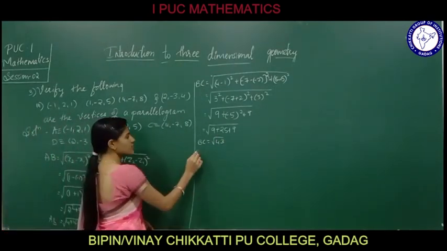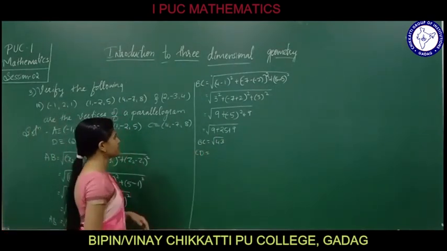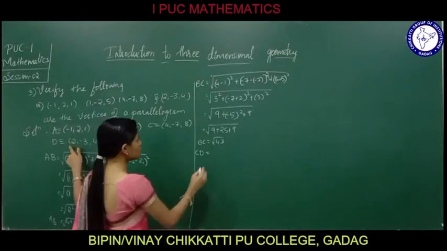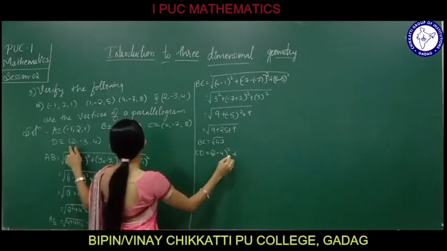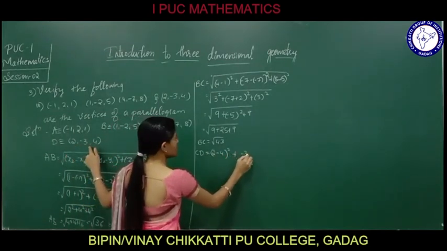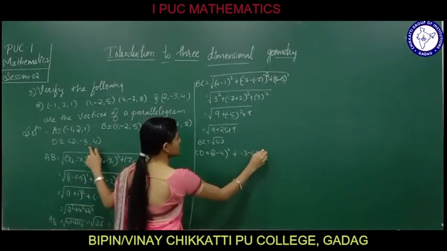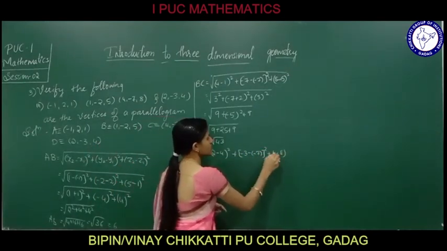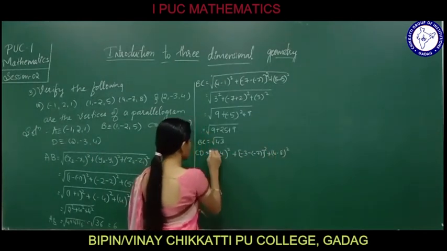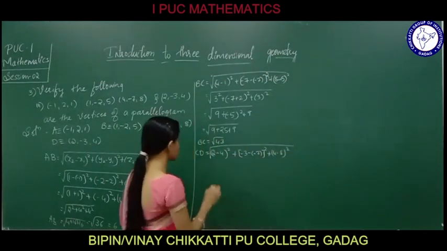Now let us find the distance of CD. I have here 2 minus 4 square plus minus 3 minus of minus 7 square plus 4 minus 8 square, that is root of all these squares.